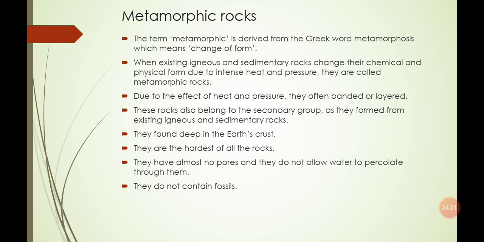Let us see. Existing igneous or sedimentary rocks change their chemical and physical properties due to intense heat and pressure. From where do they get the heat? From the mantle and core. And pressure from the same. When there is heat, they get the pressure too.